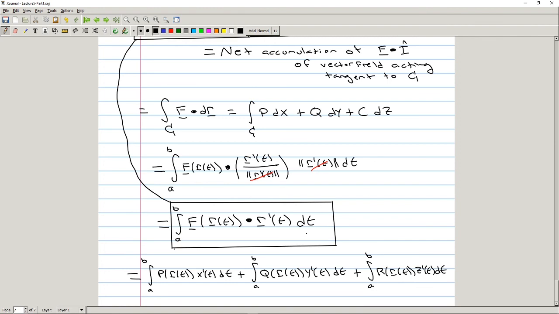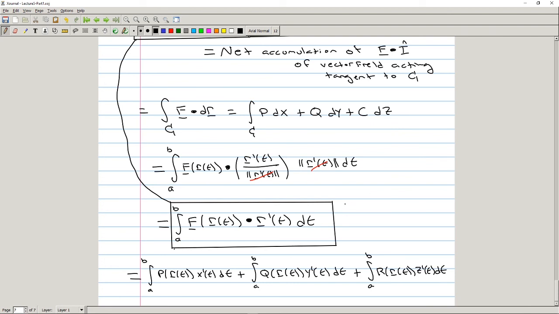So sometimes evaluating these three integrals is easier than this dot product integral right here, but the point is that this is what you're going through and doing, right? And it's why this notation makes a lot of sense.